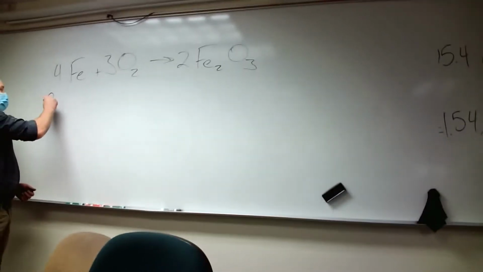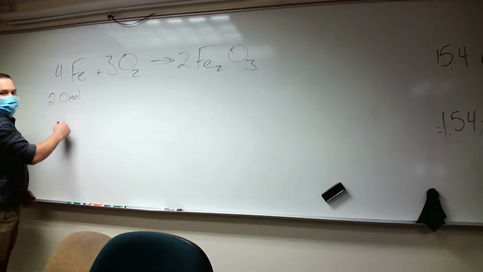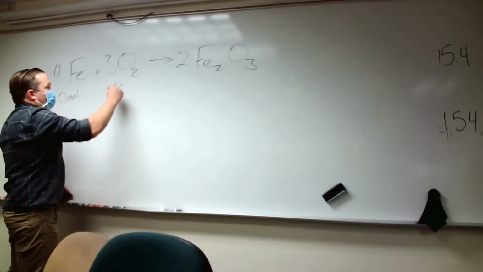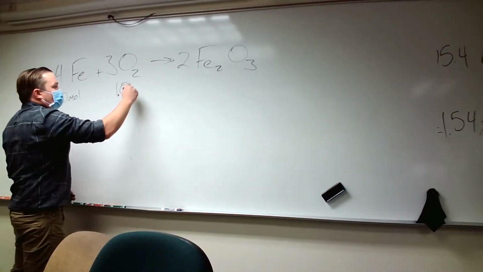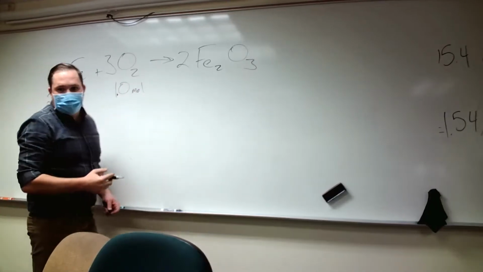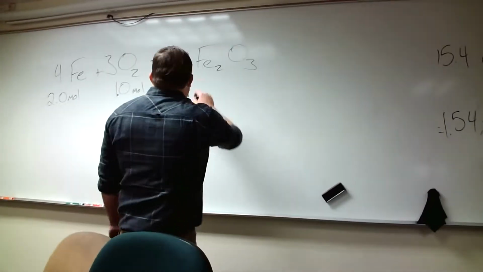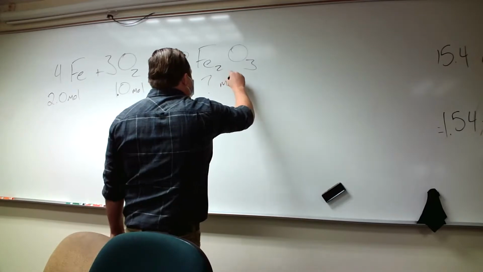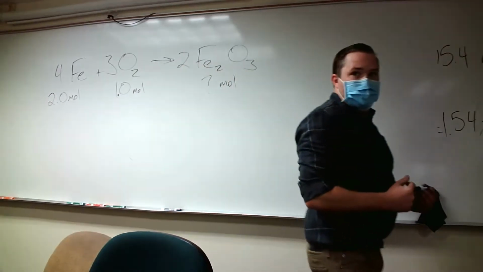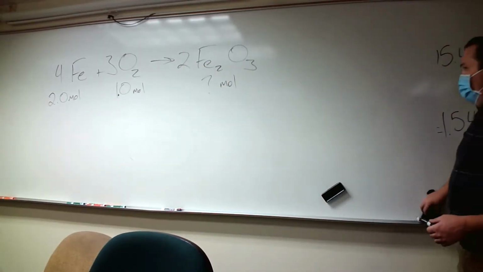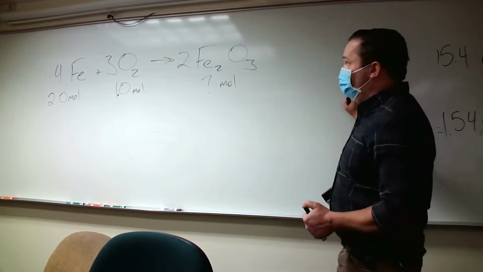If we start with 2.0 moles of iron and 1 mole of oxygen, what's our theoretical yield? 3 moles. You sure? No, wait, that would be wrong.